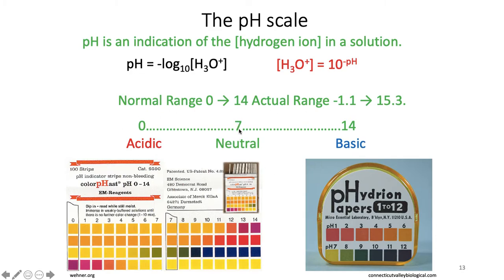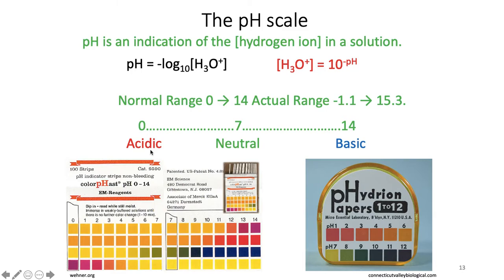A pH of 7 is considered a neutral pH. This is where the concentration of H3O plus and the concentration of OH minus are equal to each other. They're exactly equal, and therefore they neutralize each other, which means you have a neutral solution. It's neither acidic nor basic because their concentrations are exactly equal.